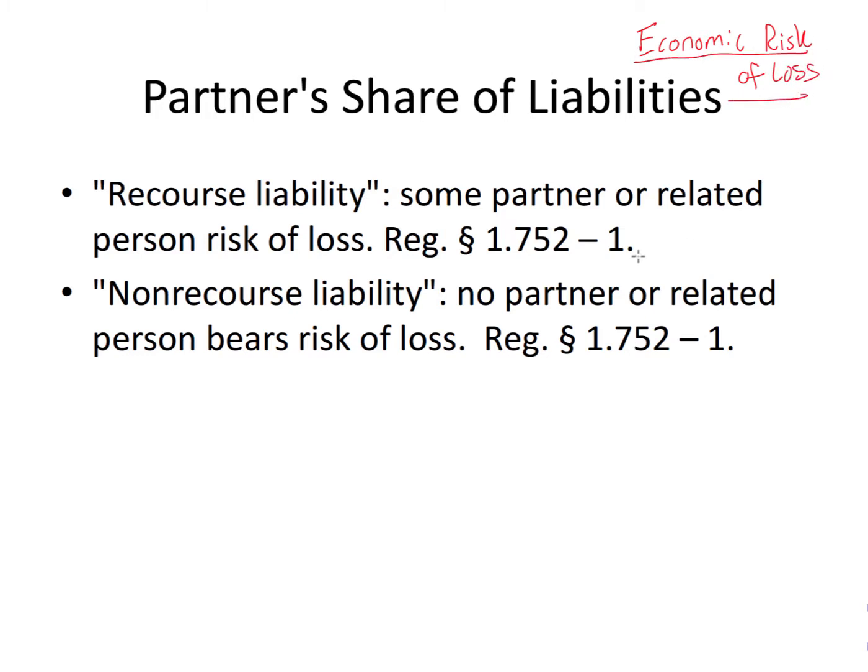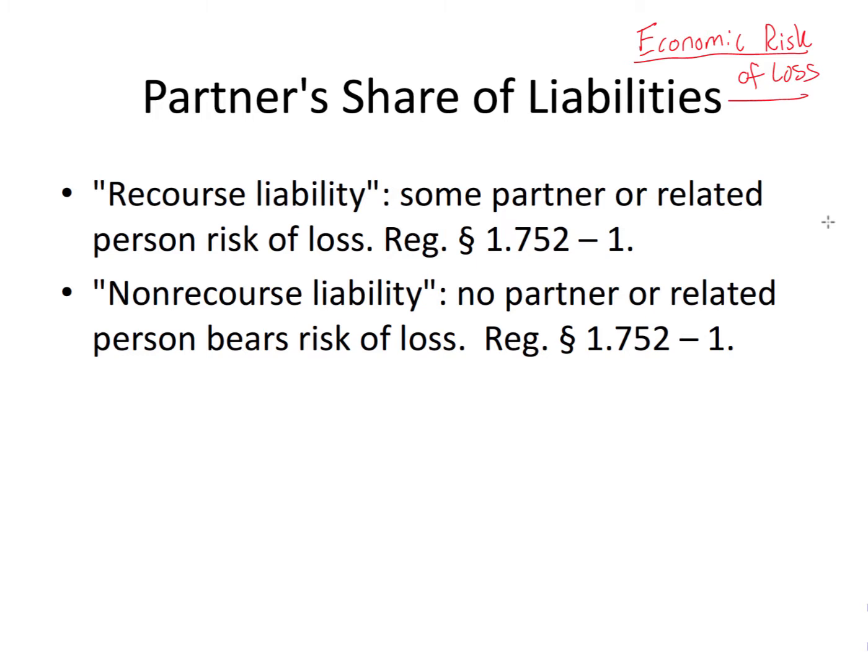And really the regulations under 1.752-1 basically define a recourse liability as a liability where some partner or related person to the partner or partnership bears the economic risk of loss, versus a non-recourse liability, where no partner or related person to the partner or partnership bears the economic risk of loss. That is the distinguishing point.